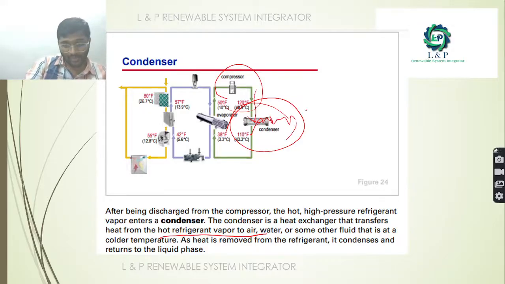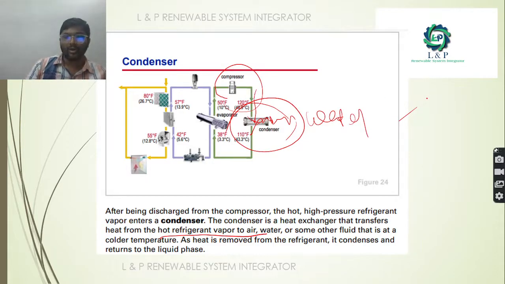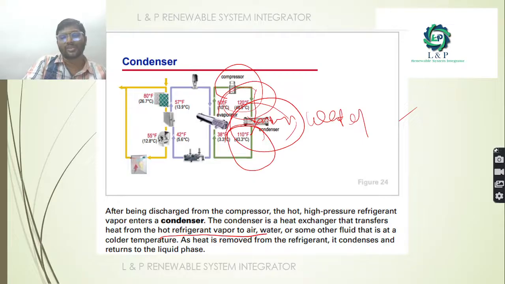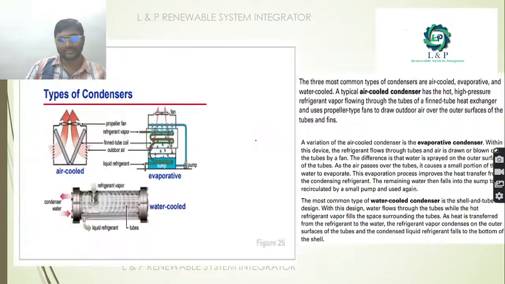Or if you want, we can use water also, or some other liquid. As you can see here, the temperature when entering here is 48.9 degrees. When it crosses through the condenser, it gets reduced.